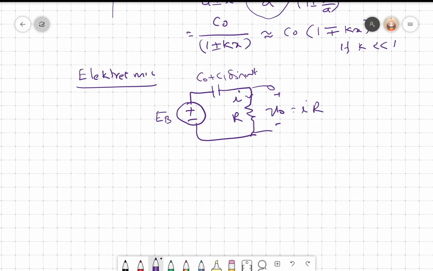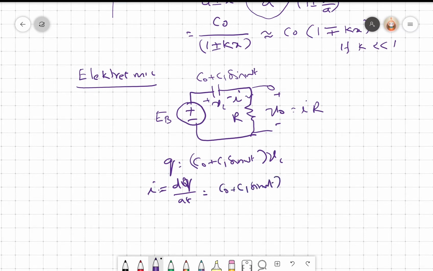And if Vc is the voltage across the capacitor, then I have Q equal to C0 plus C1 sine omega t into Vc. I is equal to dq by dt, which is C0 plus C1 sine omega t into dVc by dt plus Vc into omega C1 cos omega t.